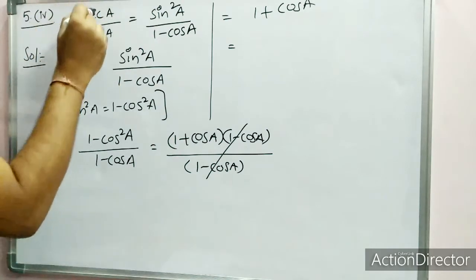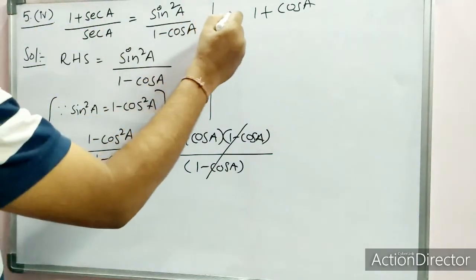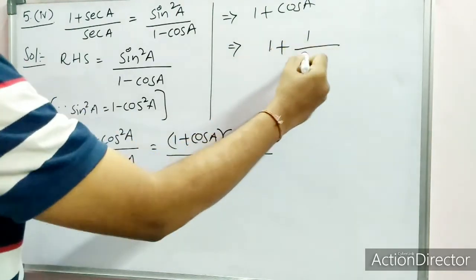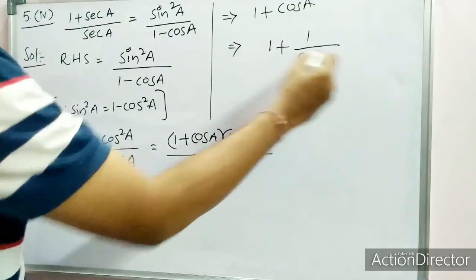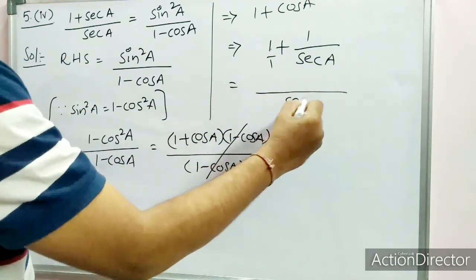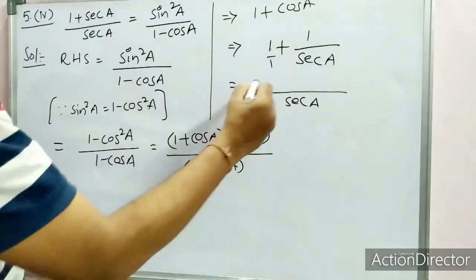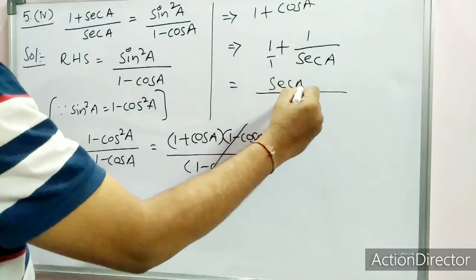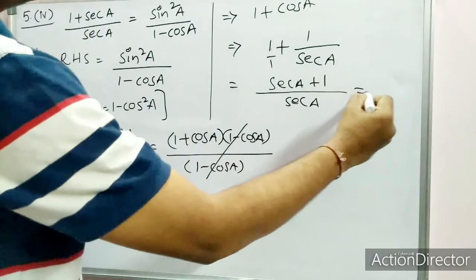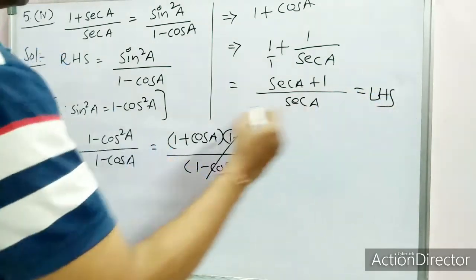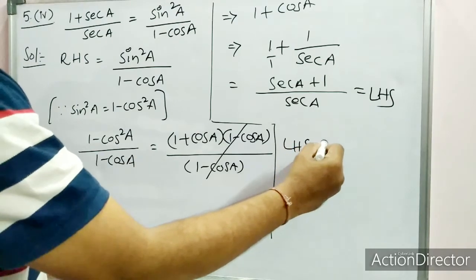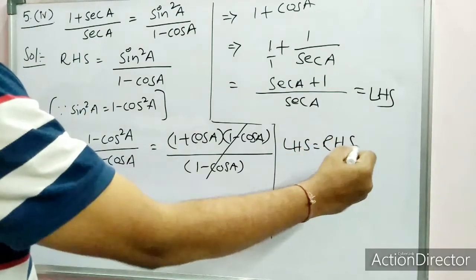Here we have LHS in terms of secant A. You convert into secant. 1 plus cos, I can write as 1 by secant A. Now take the LCM. So LCM will be secant A, and this is secant A plus 1. You see 1 plus secant A. So this value is LHS. Now LHS is equal to RHS.